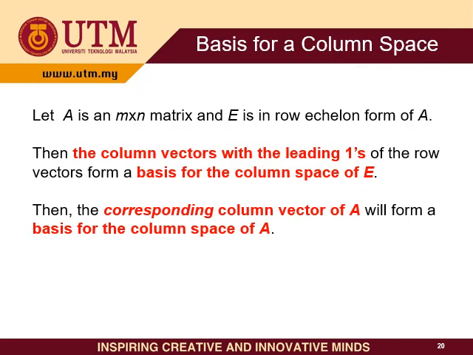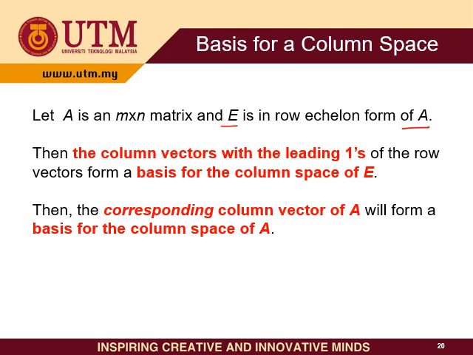Let's move to the second one, which is basis for column space. Let A be an m by n matrix and E the row echelon form of A. This is basically the same as our previous row space.